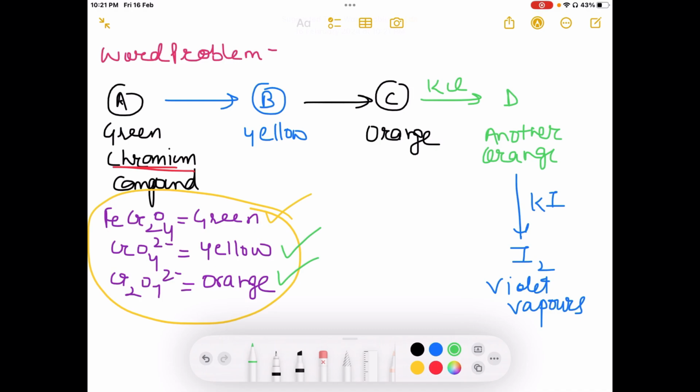Then this orange colored compound with KCl crystallizes out potassium dichromate. Then the resulting potassium dichromate, a powerful oxidizing agent in acidic medium, changes iodide into iodine. By this way, you can simplify your word problem.